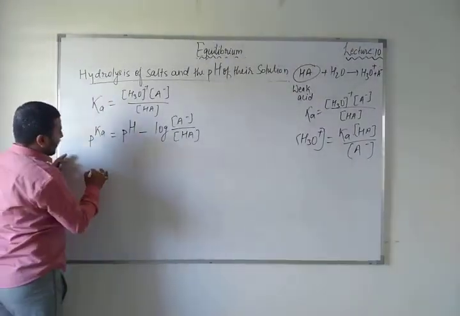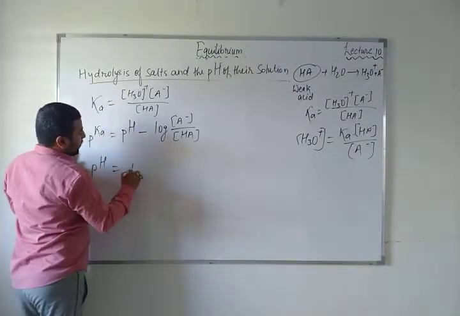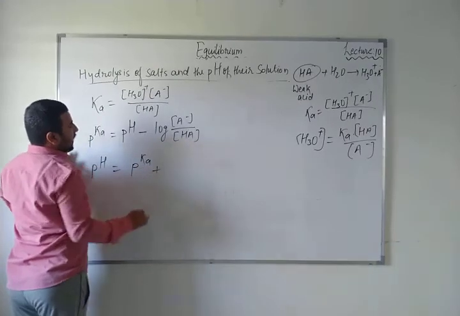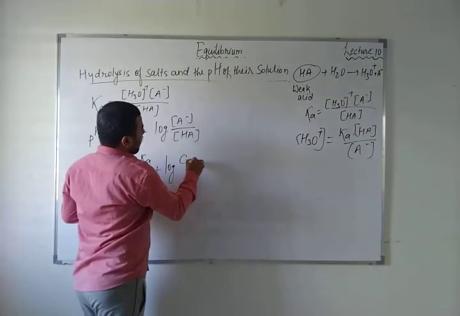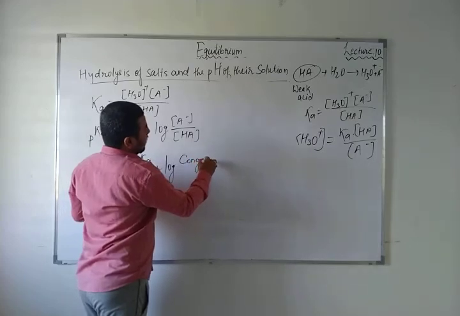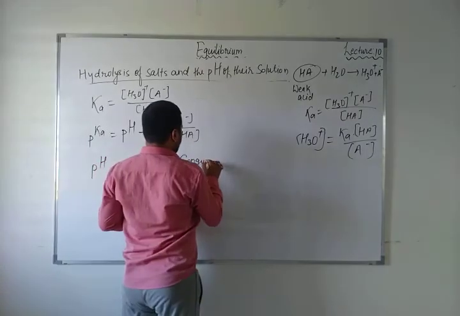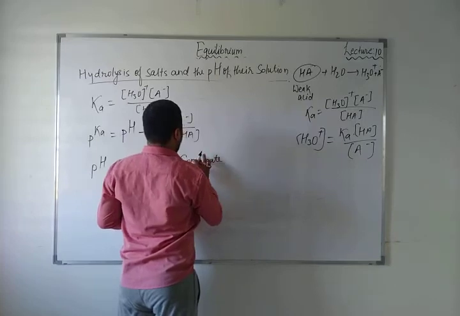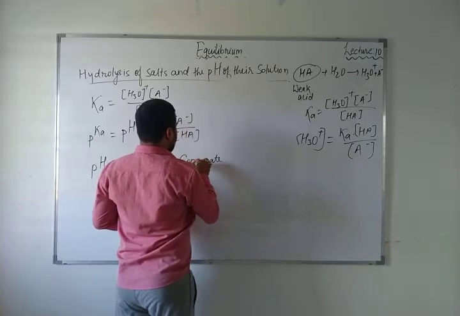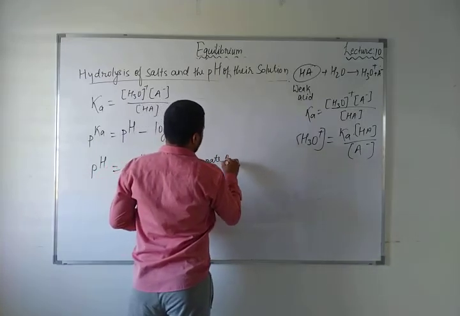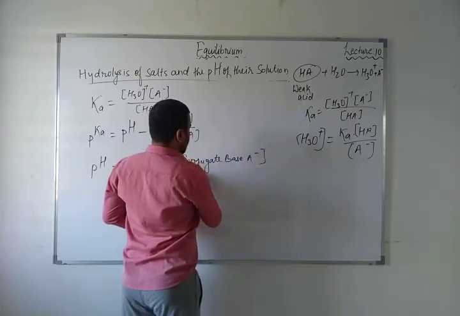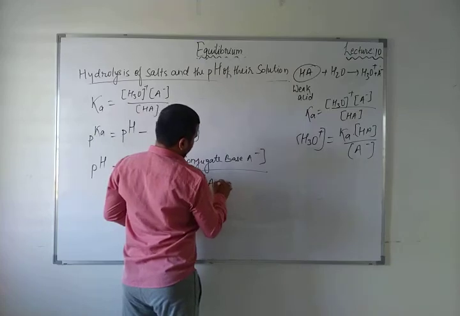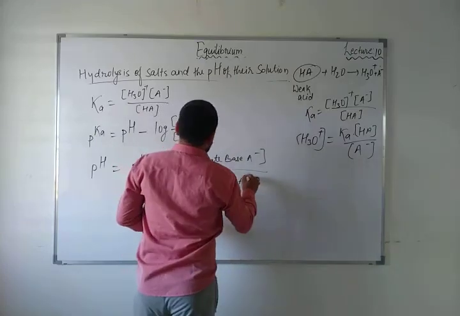So this pH is equal to pKa plus log conjugate base. This A minus is the conjugate base, upon acid, that is HA. Understand?